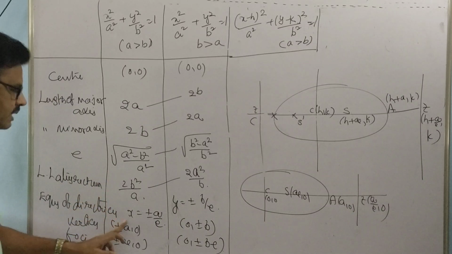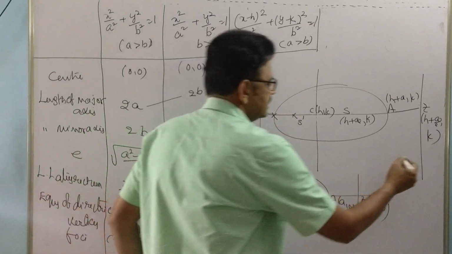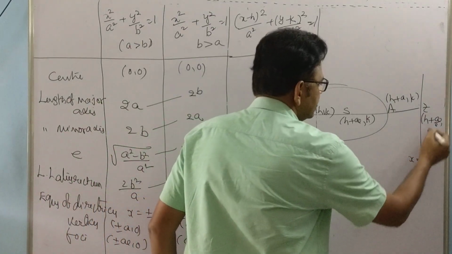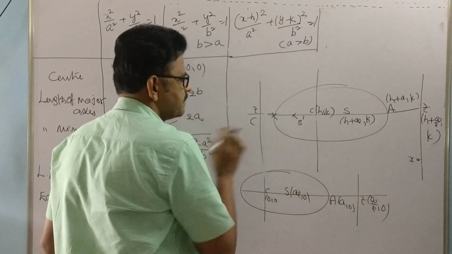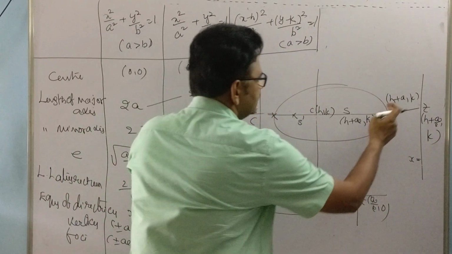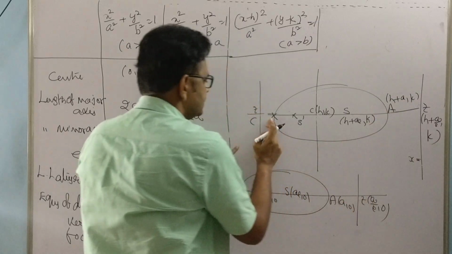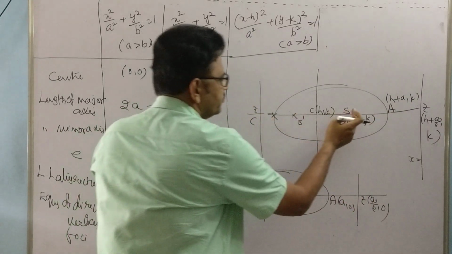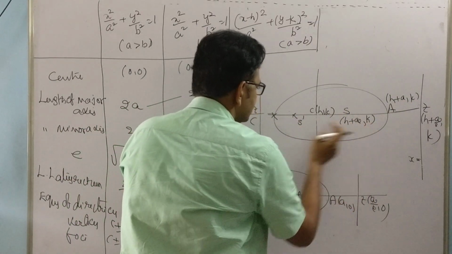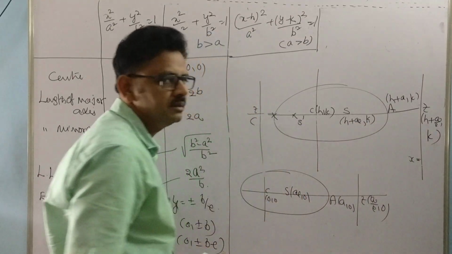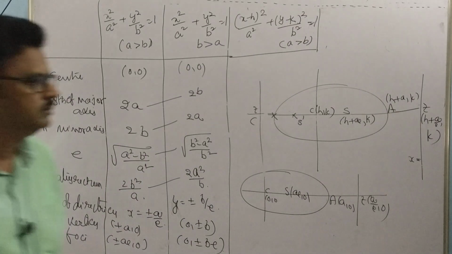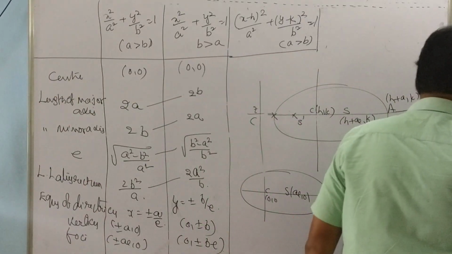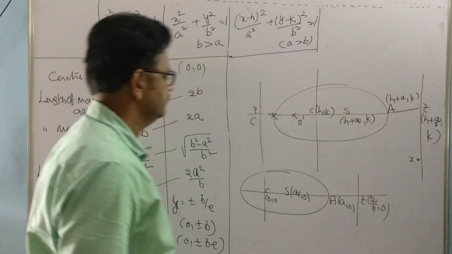Okay, equations of directrices: x is equal to h plus a by e and h minus a by e. Vertices: (h plus a, k) and (h minus a, k). Foci: (h plus ae, k) and (h minus ae, k).